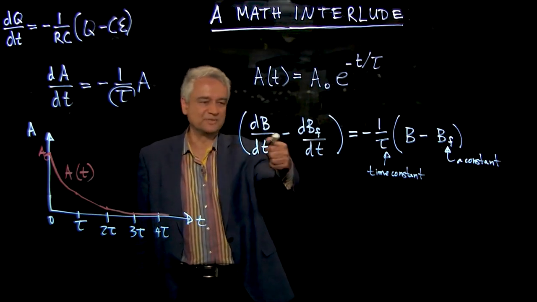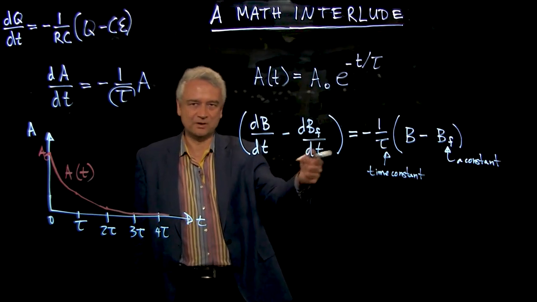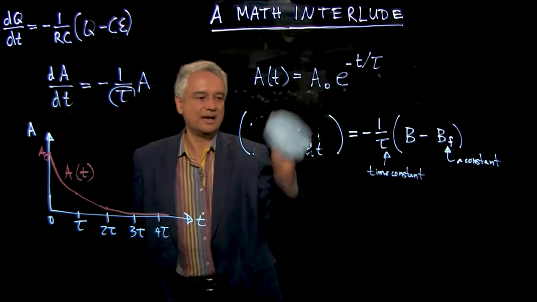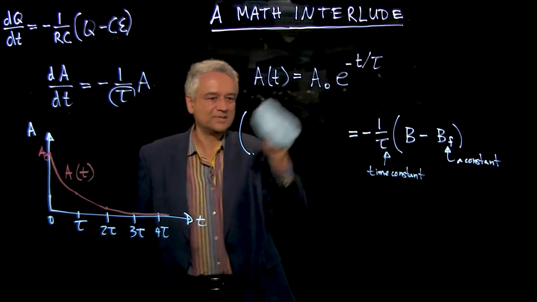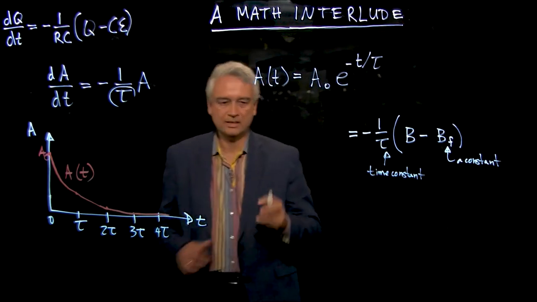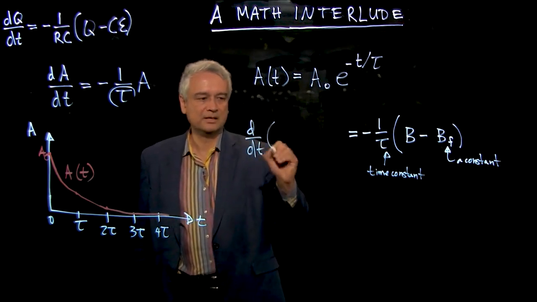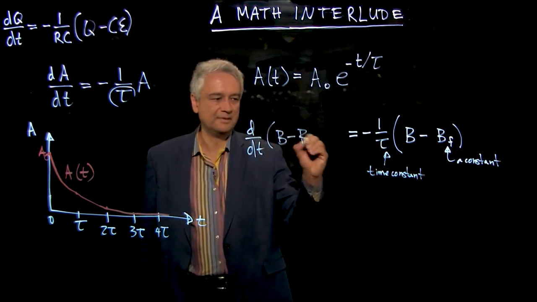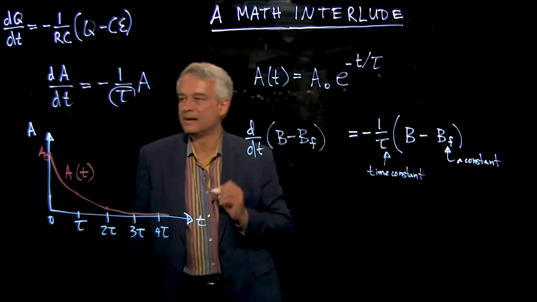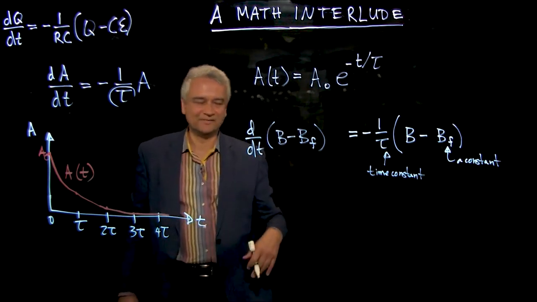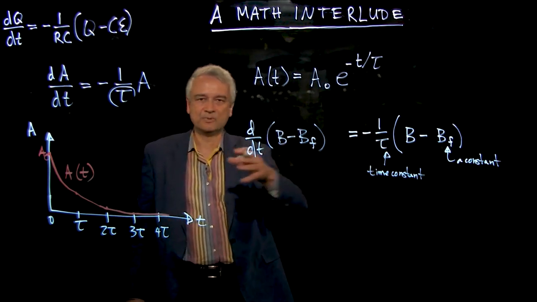It's a silly thing to do, but it's perfectly legal. I've just added a 0 to the equation. But now you notice that once I do that, I can rewrite this left-hand side as d by dt of b minus bf. And so this is my physics equation. All I did was I added 0 on the left-hand side. It's still my physics equation, written in a math form.